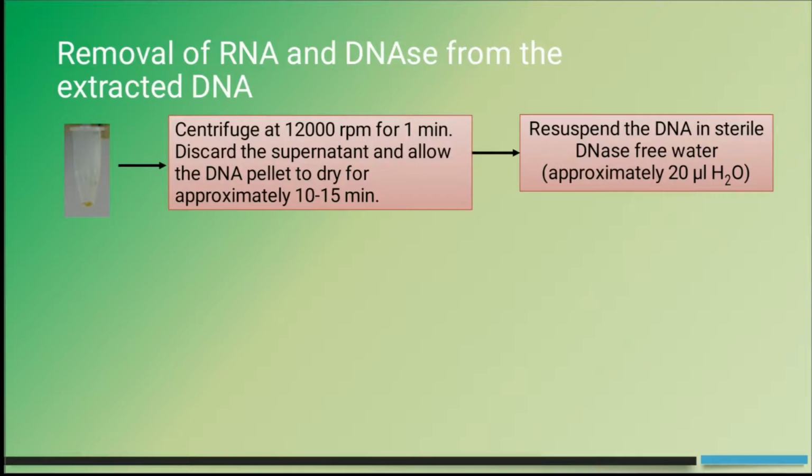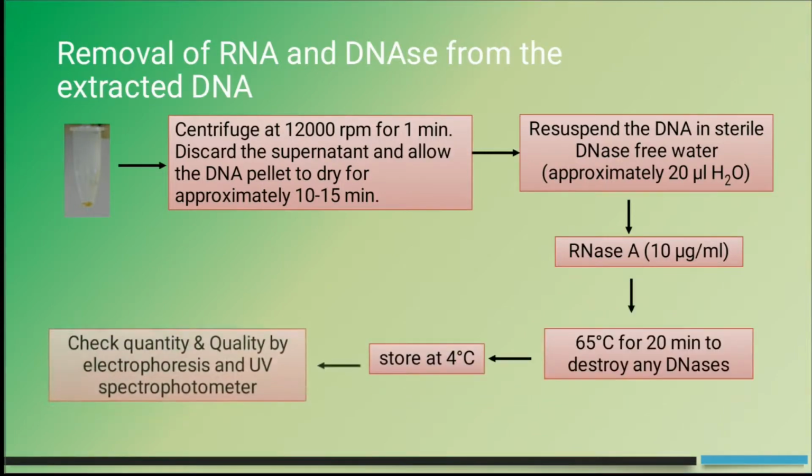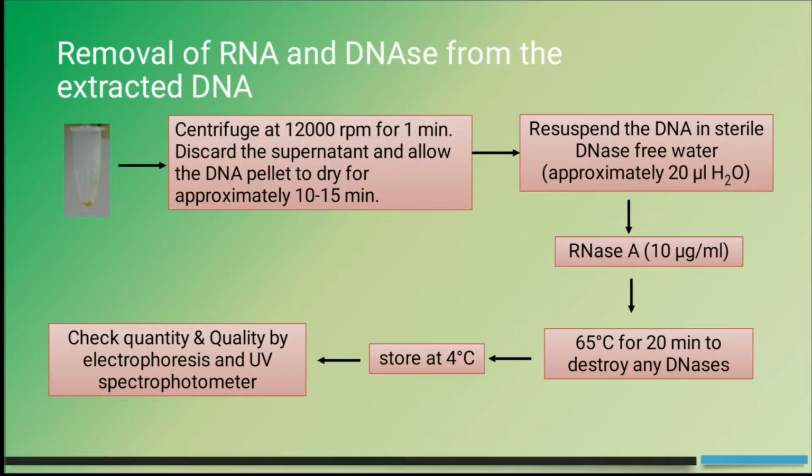The precipitated DNA molecule is resuspended in sterile DNase-free water up to 20 microliter, and RNase up to a concentration of 10 microgram per ml is added to this tube, and it is kept at 65 degrees Celsius for 20 minutes. During this time, RNA is removed by RNase, and the 65 degrees Celsius water bath inactivates the DNase present in the sample. Now we can store the sample in a refrigerator until further use.